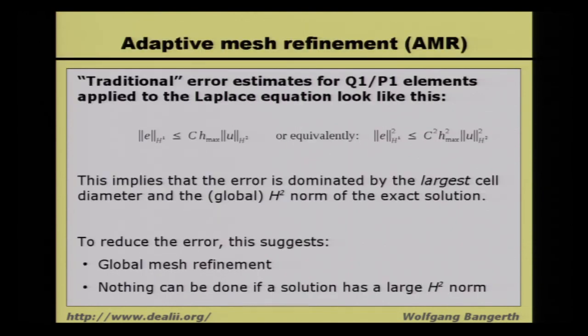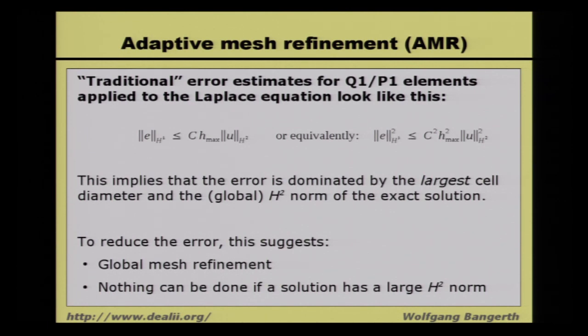Traditionally, if you look at the error estimates that we have in mathematics, let's say you want to solve the Laplace equation or a Poisson equation, and you want to use the usual Q1 or P1 elements. Then what you find is that the error in your solution, where E is the difference between the exact solution and the discrete solution, is bounded by a constant times the maximum mesh size times the norm of the second derivative of the solution.